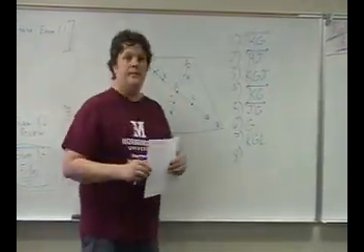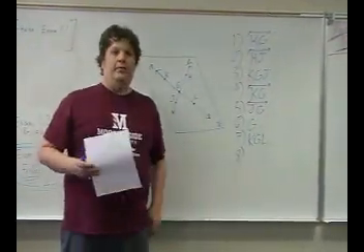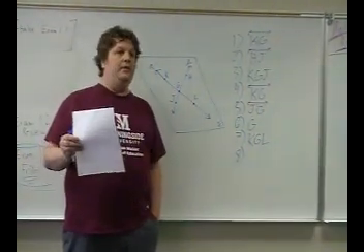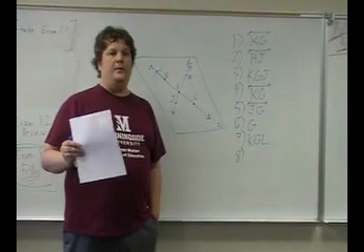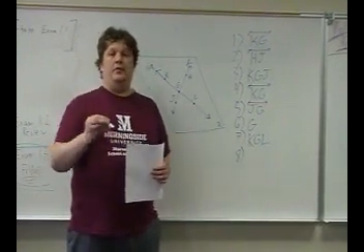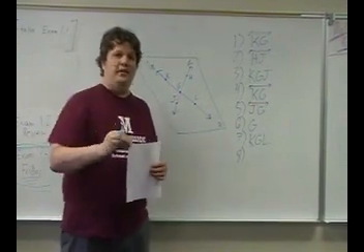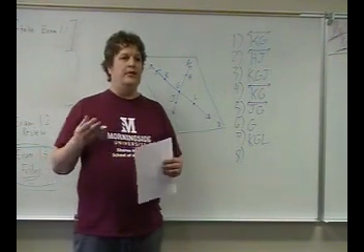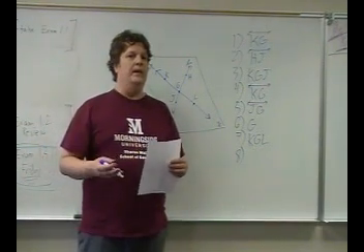All right. Last one, number 8. 3 non-collinear points. Well, if collinear means that all 3 of them have to be on the same line, that means that all 3 of them are not on the same line. Now again, I'm not going to try to make this more complicated than it needs to be.